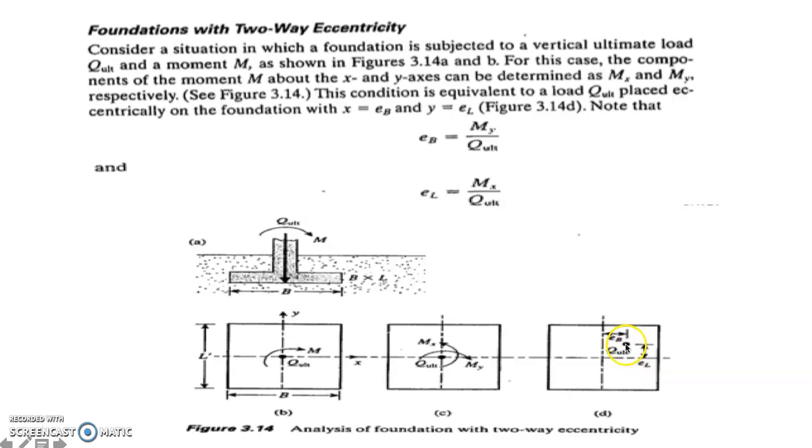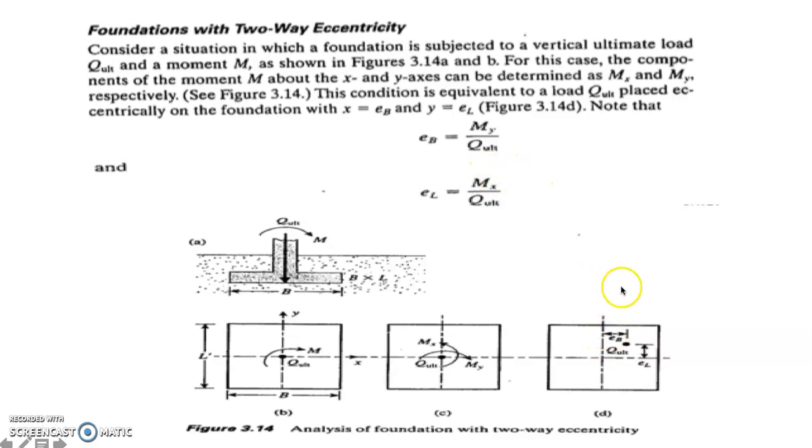So this is a two-way foundation. However, one-way, meaning to say the load can be acting at this point within the x-axis, so it is away from the y-axis, or the load will be acting on this point within the y-axis, so it is acting at a certain distance away from the x-axis. So that is a one-way foundation.